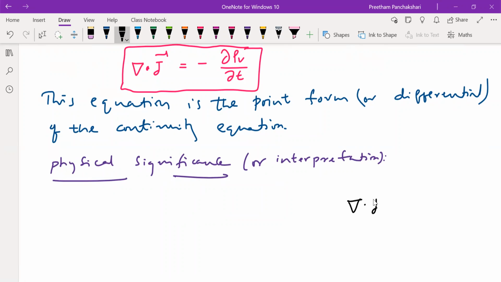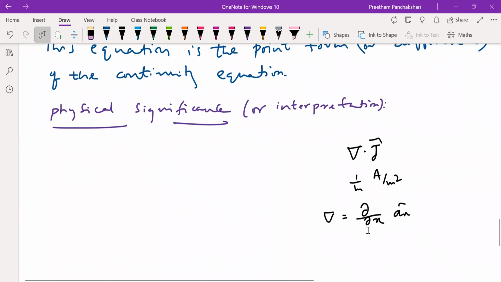J is the current density in terms of ampere per meter square, current by area. Whereas del dot, being the divergence, has a unit of 1 by meter, because del has an expansion of dou by dou x. Dou represents change. Dou x is the change in distance, so the denominator is distance, with the dimension of meter.